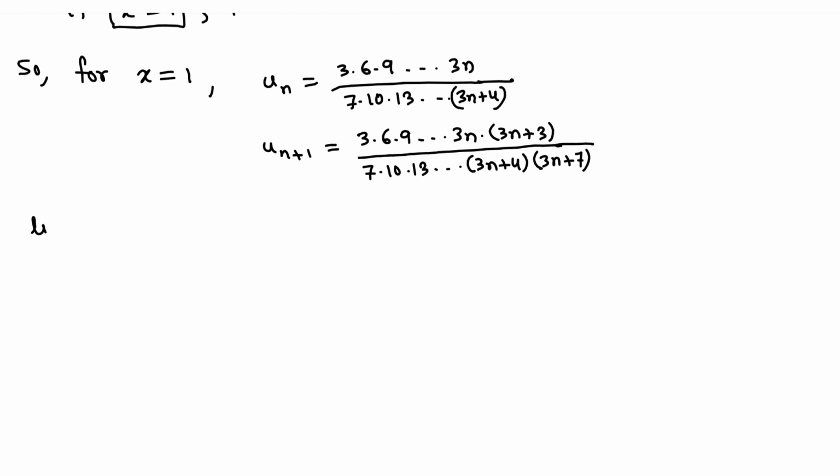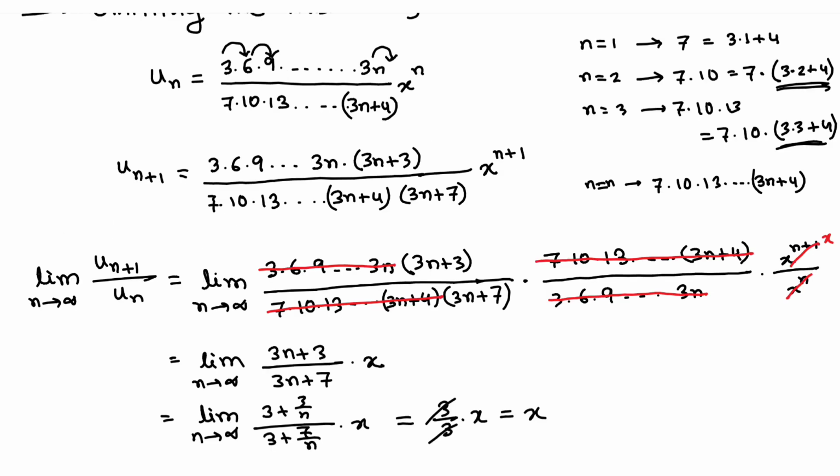So limit n tends to infinity n into un by un plus 1 minus 1. You need not calculate un by un plus 1 again, because we have already calculated un plus 1 by un here. What is the result?